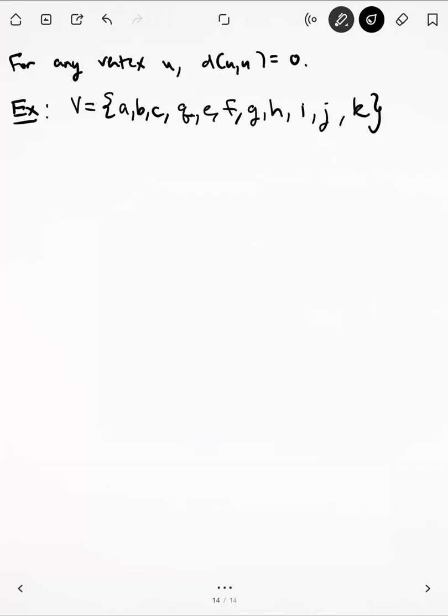And let's say the graph is drawn in the following way. Not C here, rather there's F here.